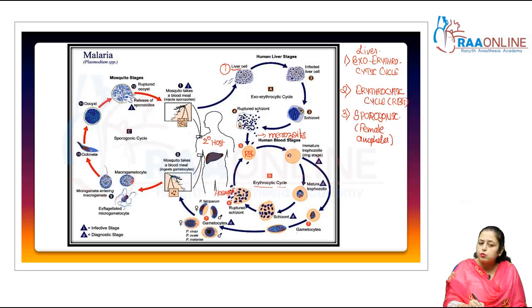This ookinete invades the gut wall of the mosquito, where it matures and gets nourishment, right? When it matures, it is converted into the oocyst. After rupturing of that oocyst, the sporozoites are released and get stored in the salivary gland of the female Anopheles, right?